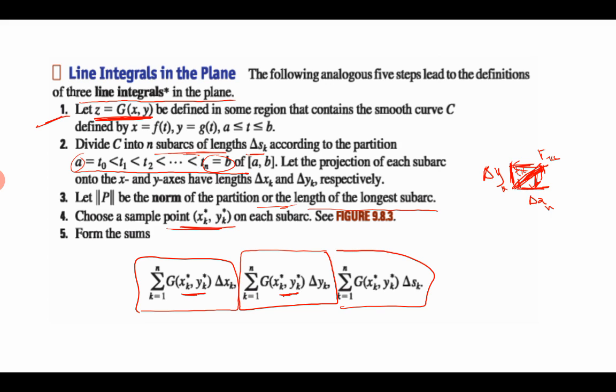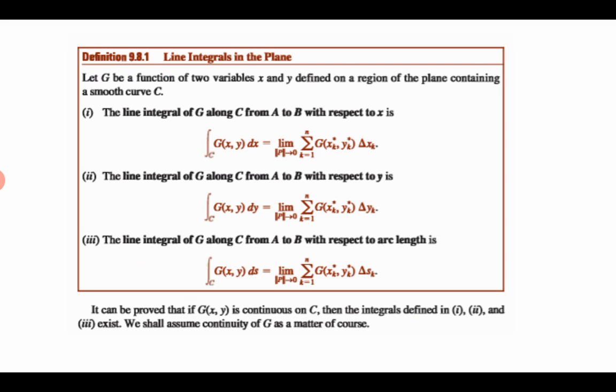The third sum we form is in the direction of del s. So we are forming three summations, one for del x, one for del y, and one for del s. Now the line integrals along the curve in the plane.